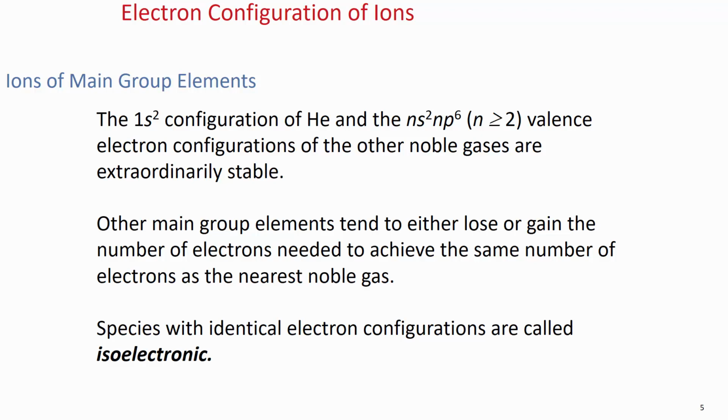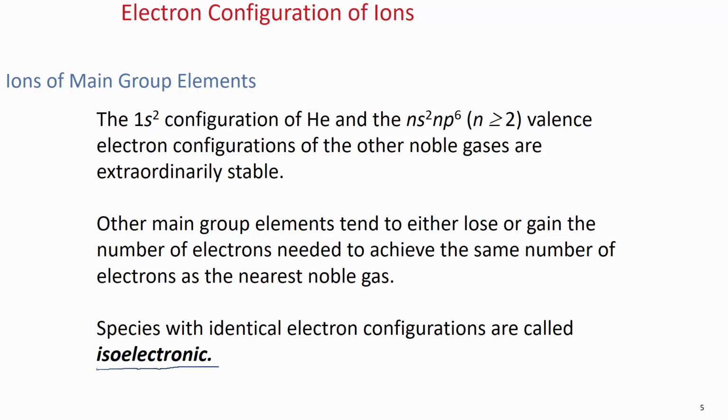And so one of the things we're going to talk about is elements gaining or losing electrons to become isoelectronic with a noble gas. So we know noble gases, we saw that they don't want to gain an electron because that extra electron has to go up in another energy level.